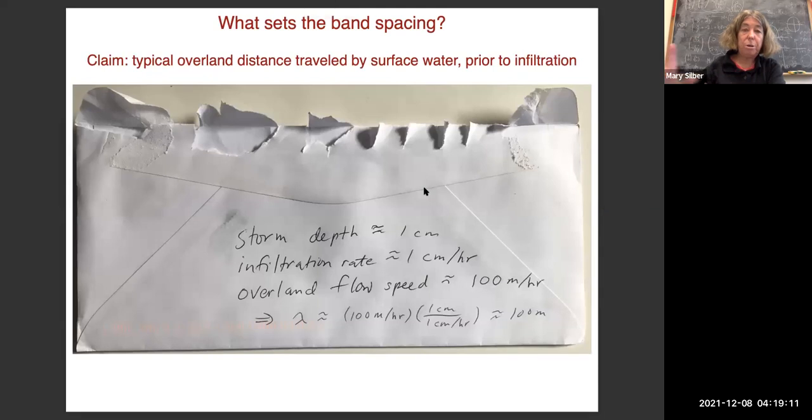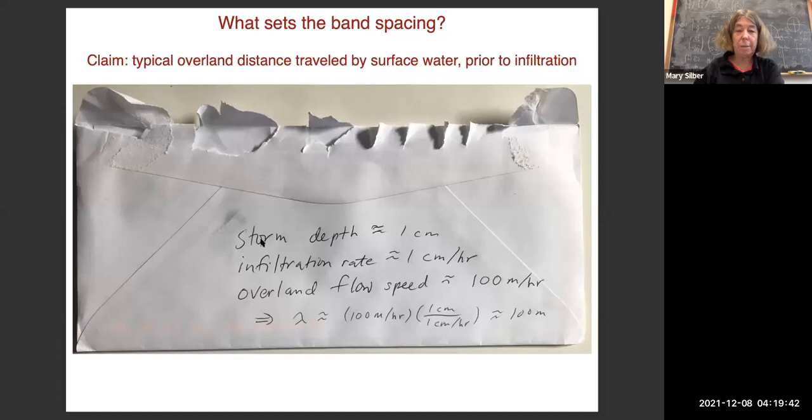And I want to just go directly to a punchline, or a claim I want to make, based on our model, which I'm about to introduce. I want to make the claim that the length scale might be estimated by the following: it's determined by a typical overland distance that water would travel on the surface before it fully infiltrates into the soil.